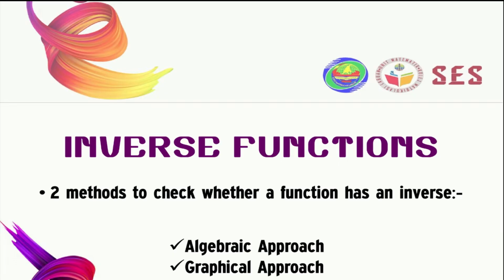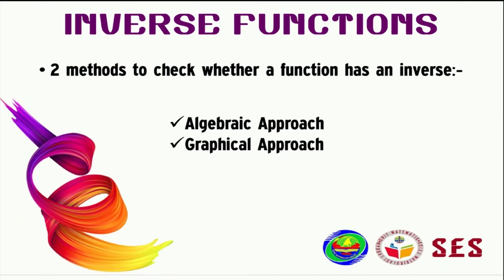Alright, we have two methods to check whether a function has an inverse. The first one is the algebraic approach, where we need to do f(x1) equals f(x2), and we need to show that x1 equals x2. We also have the graphical approach, where we sketch the graph and do the horizontal line test.